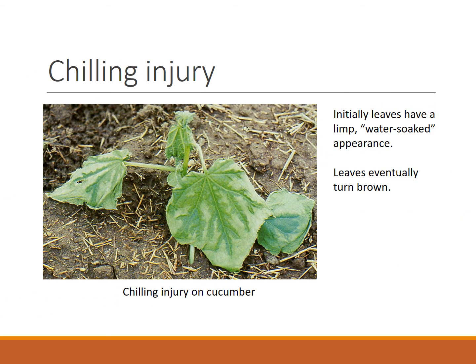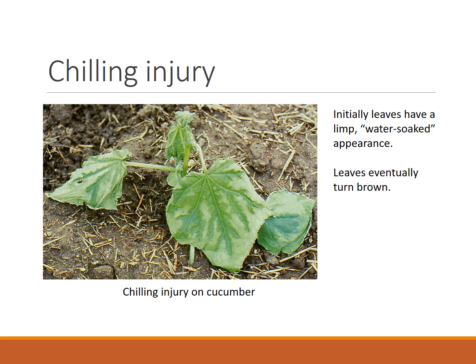Chilling injury to either whole plants or parts of a plant results in limp, water-soaked appearing leaves and stems that will eventually turn brown in color. So this is a cucumber seedling.